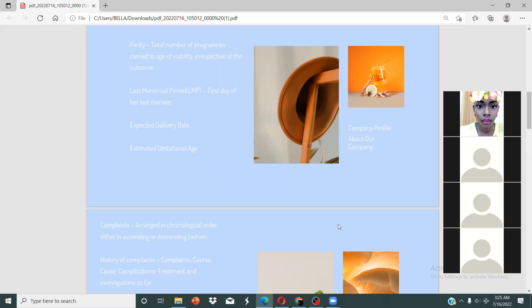So it's important that from time to time we practice: pick any last menstrual period and try to solve the EDD and the EGA. Keep solving it and with time you'll get used to it and probably not flop.